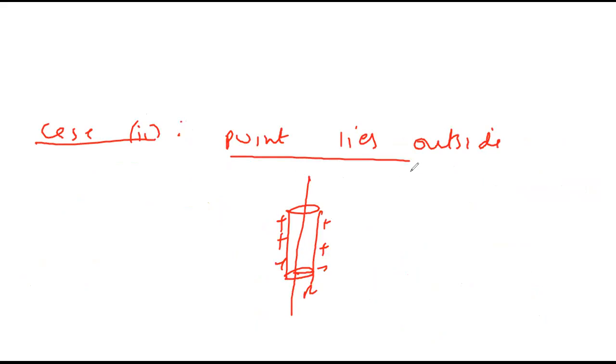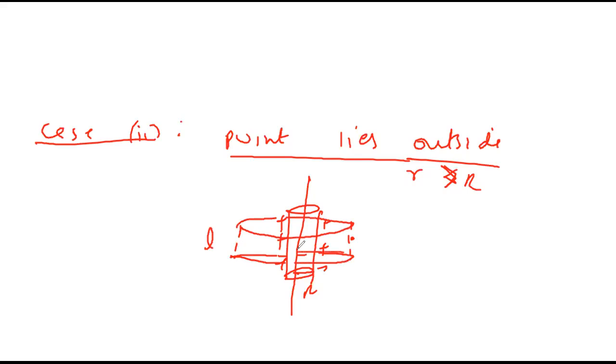Its radius is R. Here the point lies outside, so r is greater than R. Now if I draw a Gaussian cylinder of height L, radius r, it will pass through point P where intensity is directed outward.